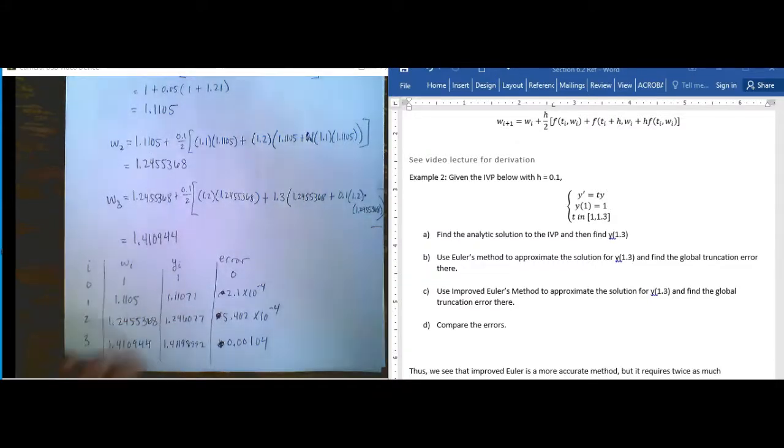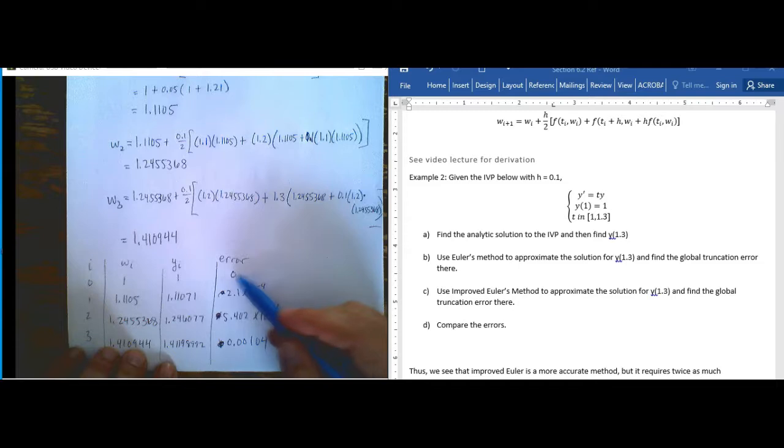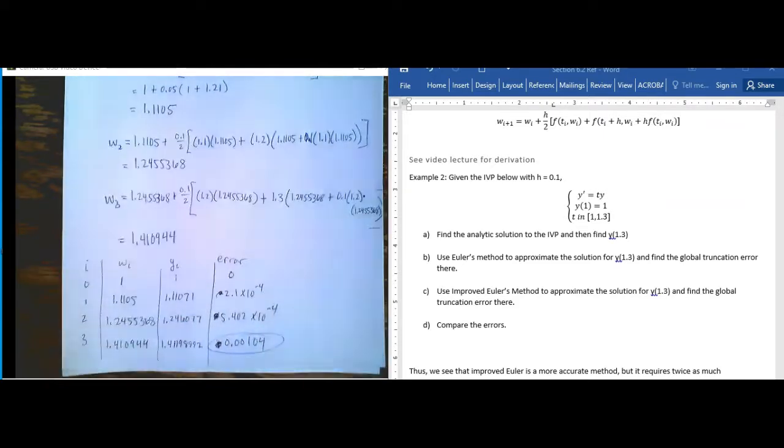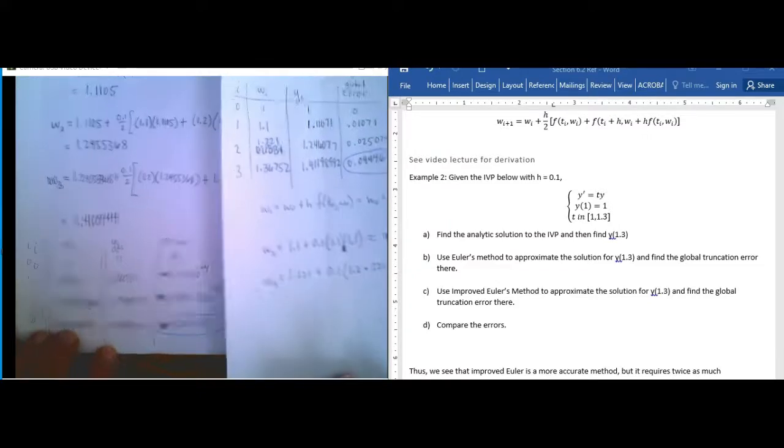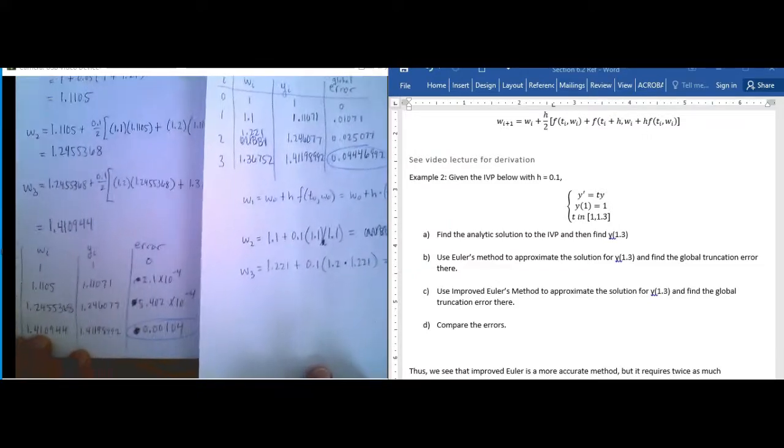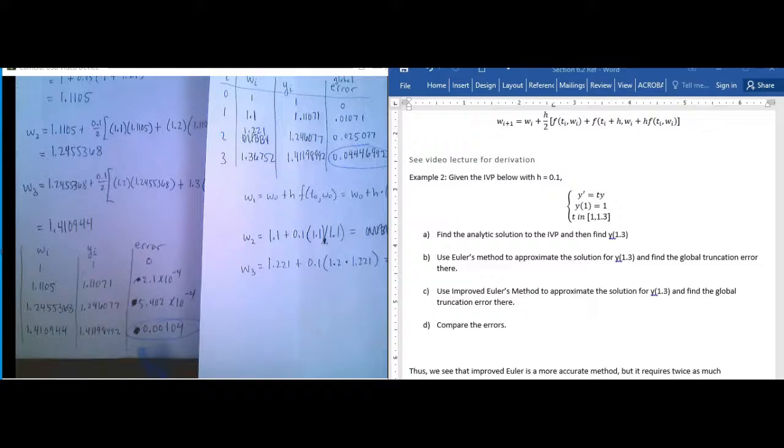So our global truncation error, you can see it increased each time. Of course, it's 0 at first because the initial condition is equal to the function. But it increased each time, right? Increased a little bit here, and then, sorry. Global truncation error is 0.001. So if you compare that value, comparing the two, you can see that it is many times smaller than Euler's method alone.